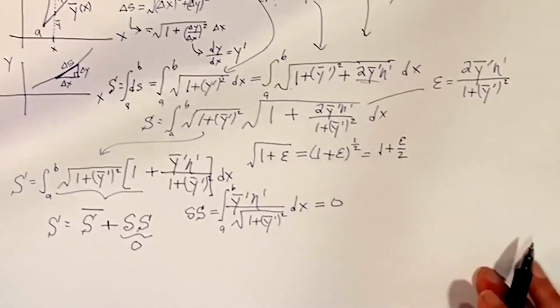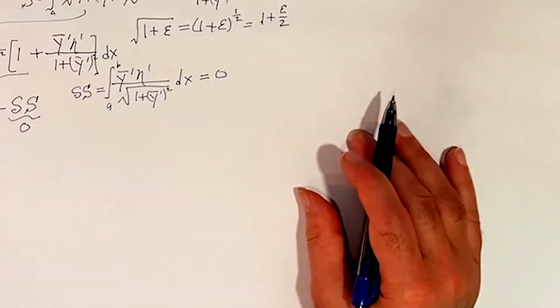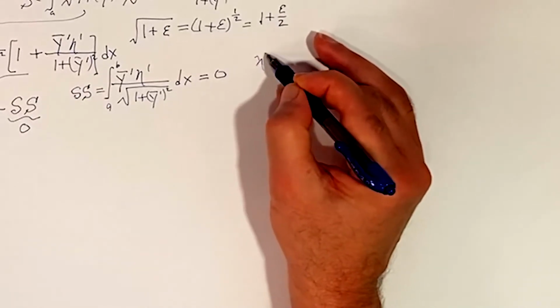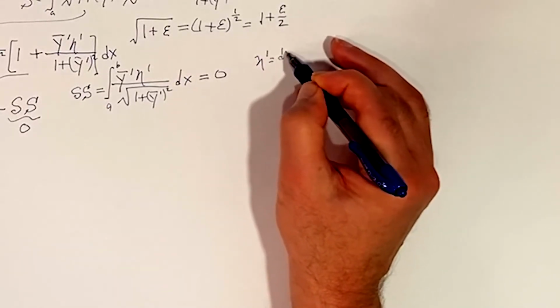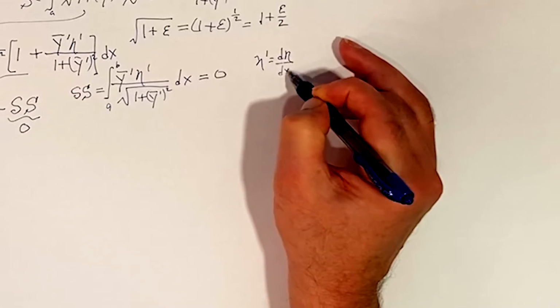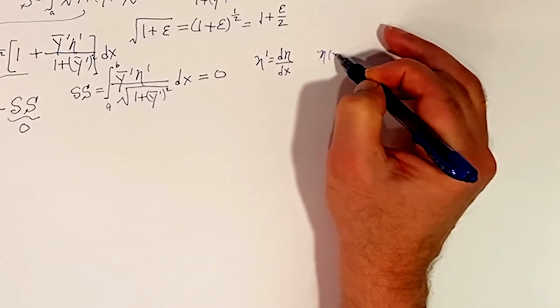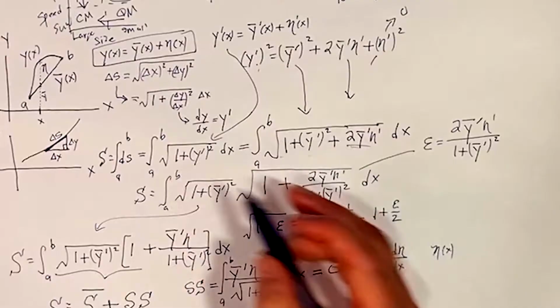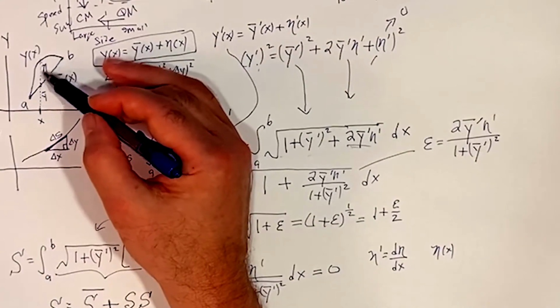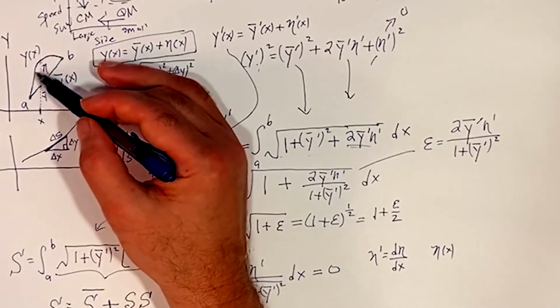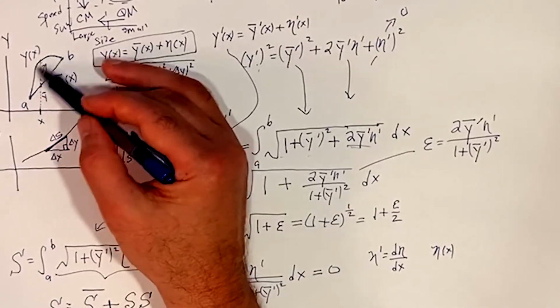Now the trick here is to notice that the eta prime is the derivative of eta with respect to x, and the etas themselves, these are the deviations, and they're arbitrary because I can make that y in general, any kind of curve I want.